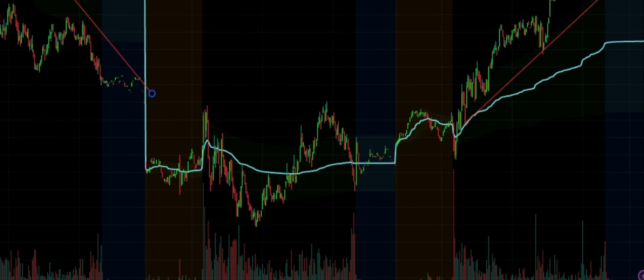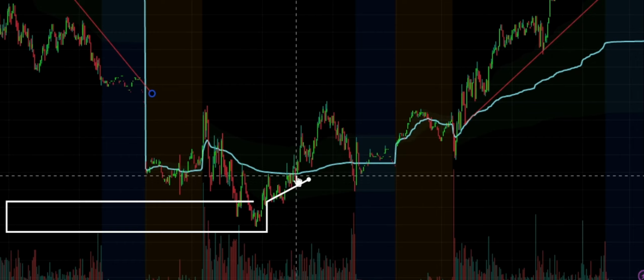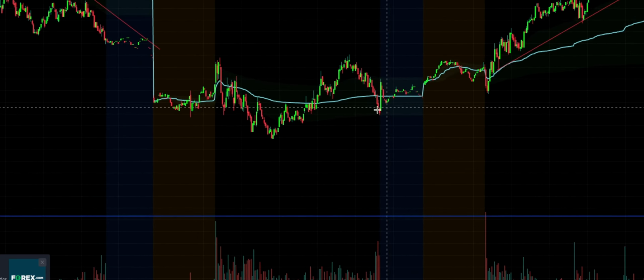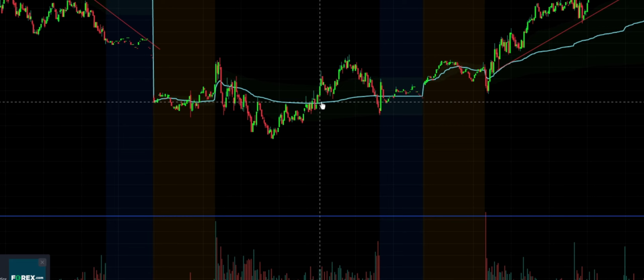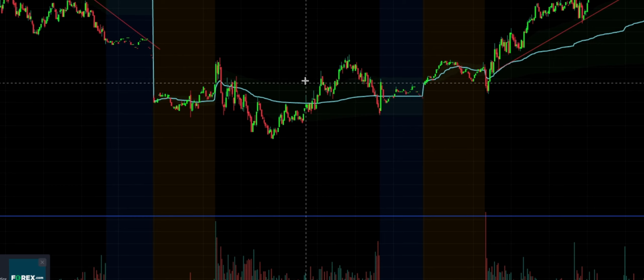It's safer to use it a little below, because sometimes the price comes and touches the line and then bounces back. As you can see here, let's say you entered at this price, and you have your stop loss here. It almost got close to it, but it never broke.